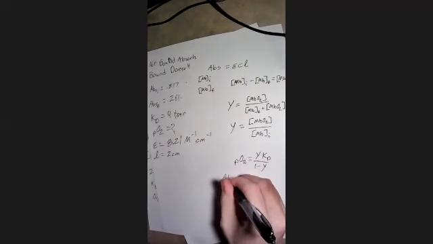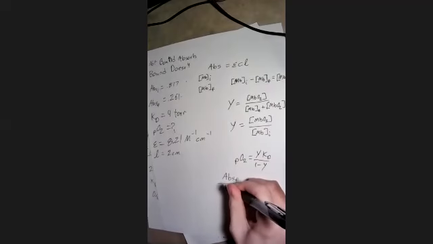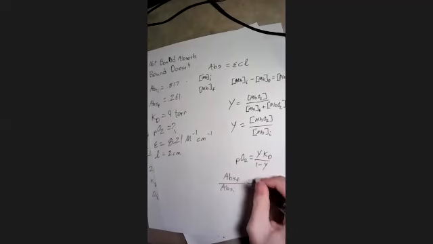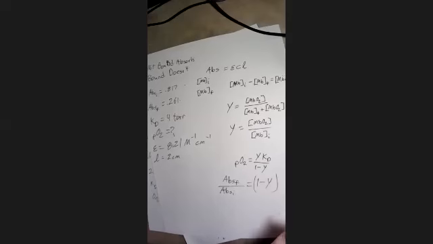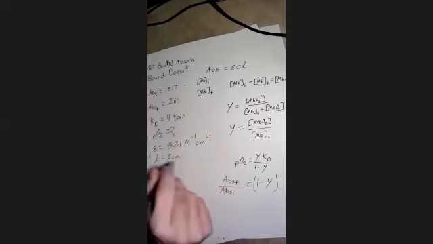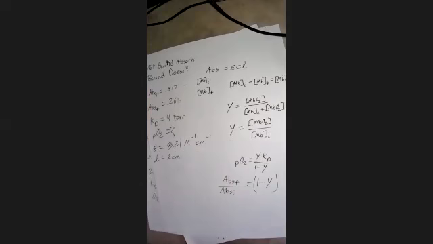So absorbance final over absorbance initial should be equal to 1 minus y. Yeah, I don't even need to give you whatever I used, just as long as I say I used the same path, the same setup for both of them. Huh, that's interesting.